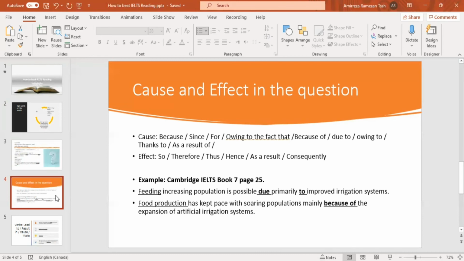Not given means half of the idea of the sentence is not mentioned, not the whole idea. When the whole idea is mentioned, it is true or false. But if you cannot find any of the idea, it doesn't mean it is not given. It means that you are reading a place that doesn't include any keywords from the question, and you are in the wrong place. You must spot the keywords somewhere else.